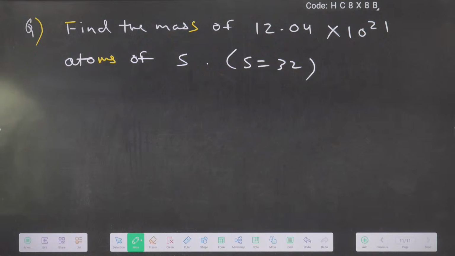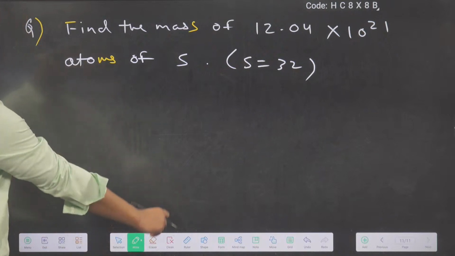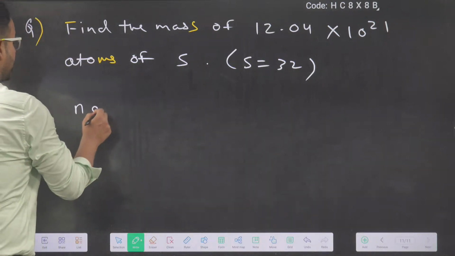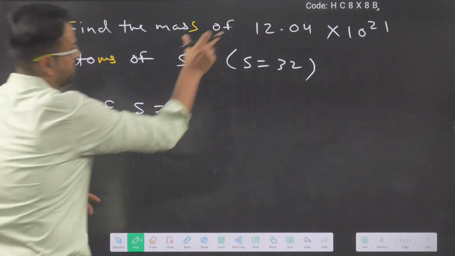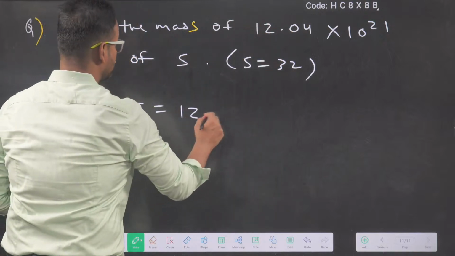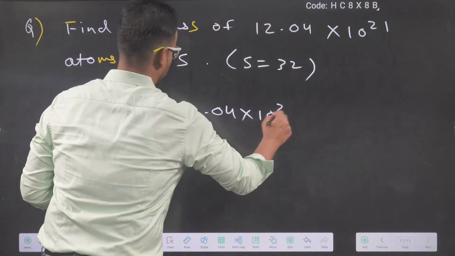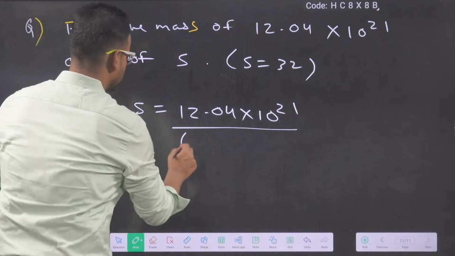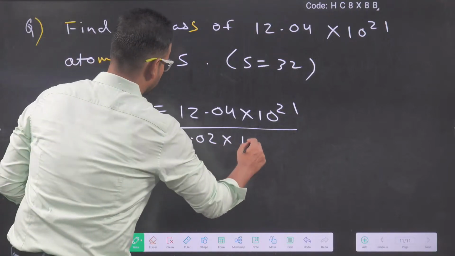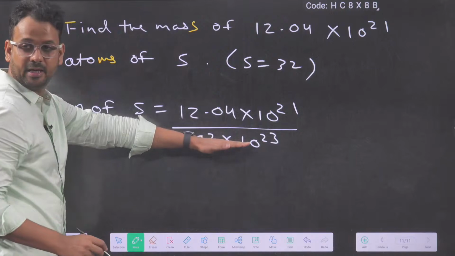So first you will calculate the moles of sulfur. Moles of sulfur will be the number of particles given to you divided by the Na value. Na value is 6.02 into 10 to the power 23 per mole.